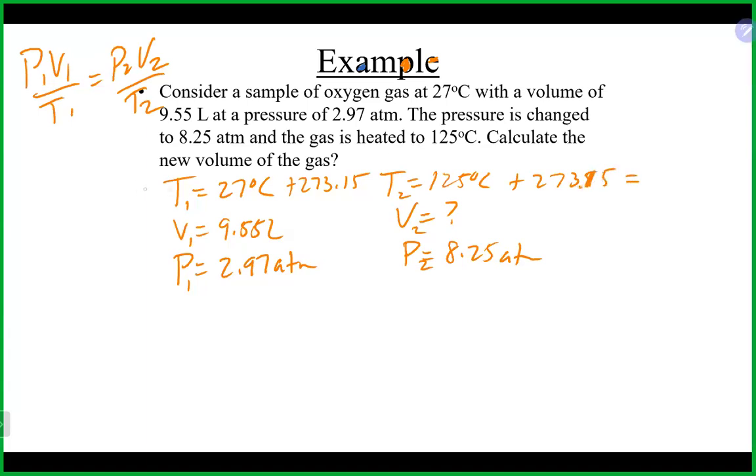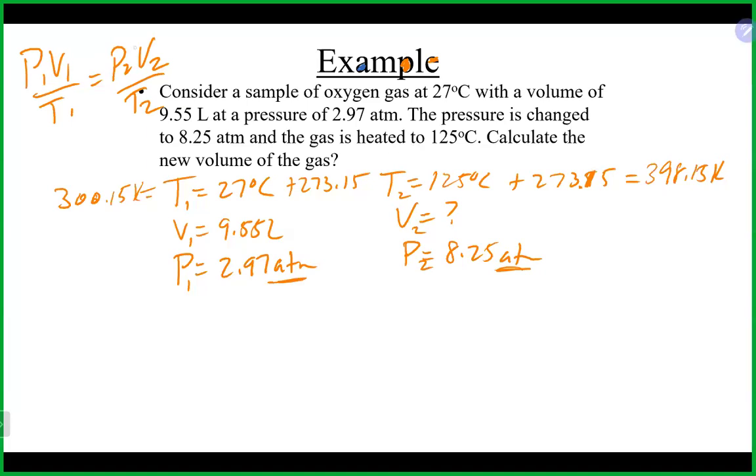We got 27 plus 273.15, going to give us 300.15 here. And we'll do 125 plus 273.15, we'll get 398.15 Kelvin. Our pressure units are okay. They're both in atmosphere. So again, as long as they're in the same units, it's not an issue.